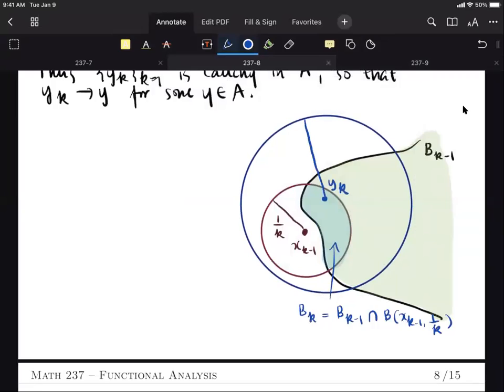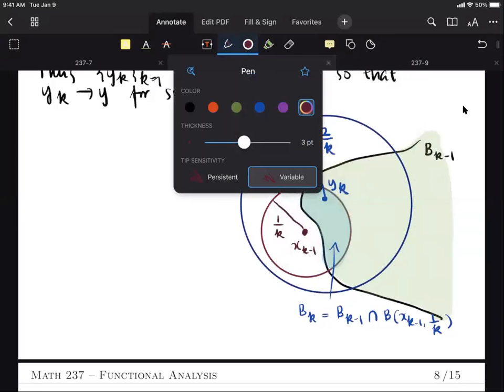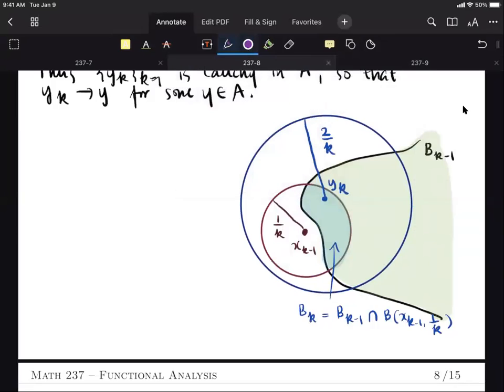So this will be, let's say, 2 over k. Now, take note that this y sub k, well, for k large enough, we can say that this is close to some point y. Where what is y? y is the limit. So this will converge later to the point y.